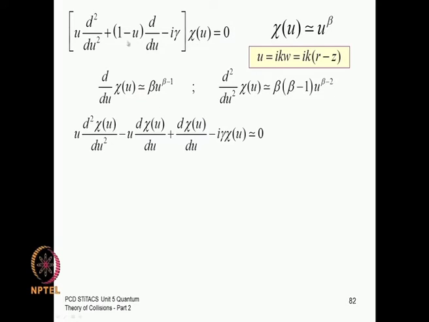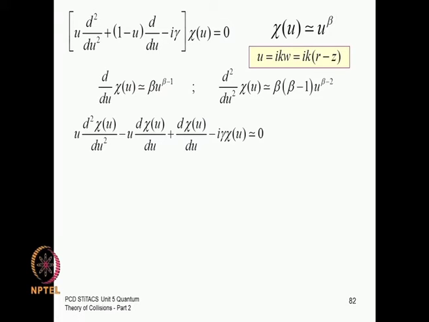So, here you have got two terms, one is d by du and the other is minus u times d by du. So, minus u times d by du is here, and the other term with the coefficient 1 is here. So, all you have done is to substitute a solution which is chi of u, which goes as u to the power beta.